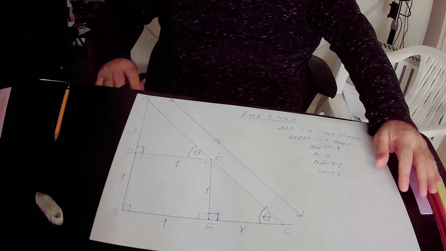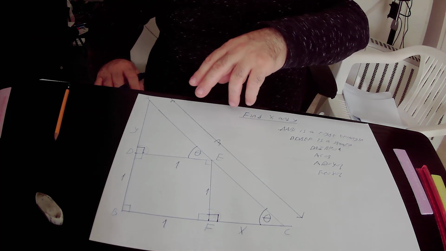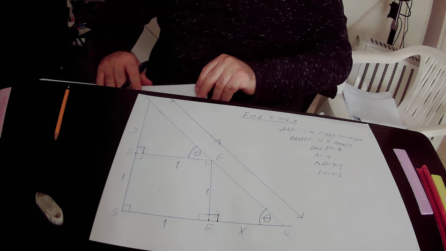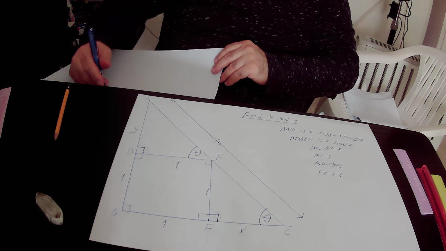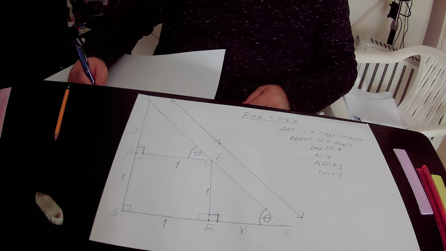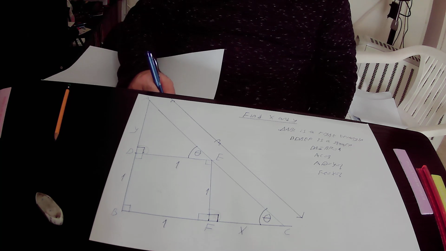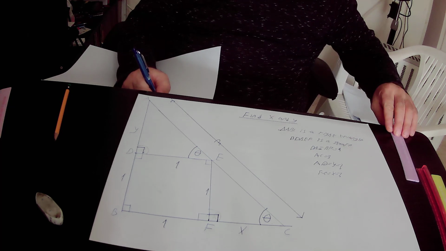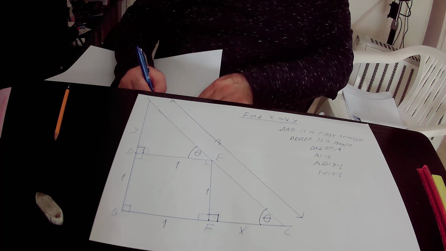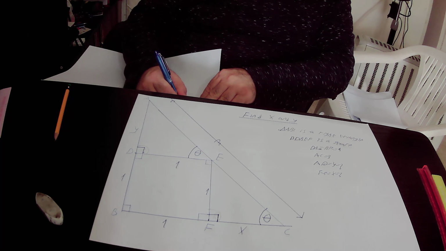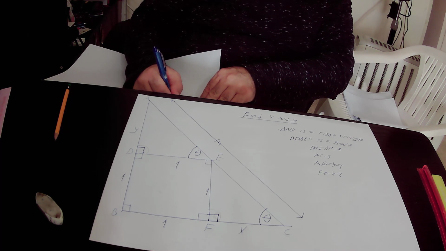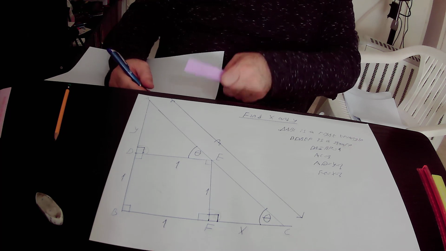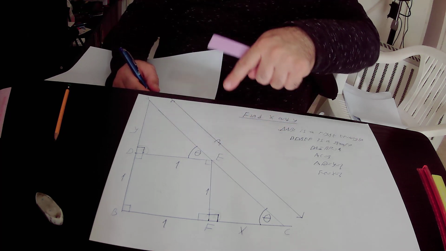In the next step, we will focus on the right triangle, triangle AED. We know that tangent theta equals AD over DE.